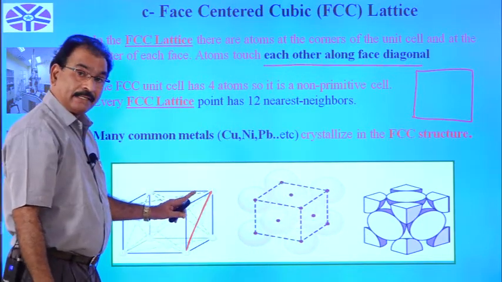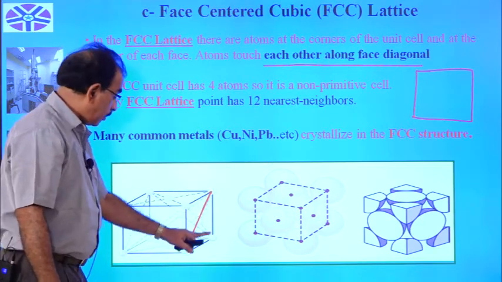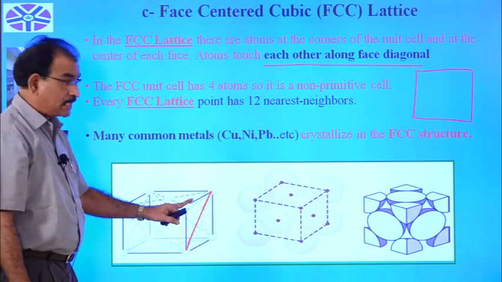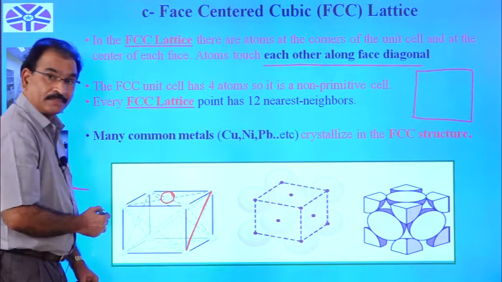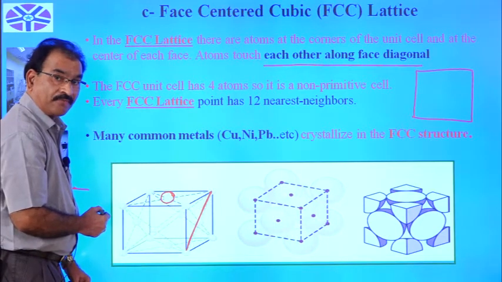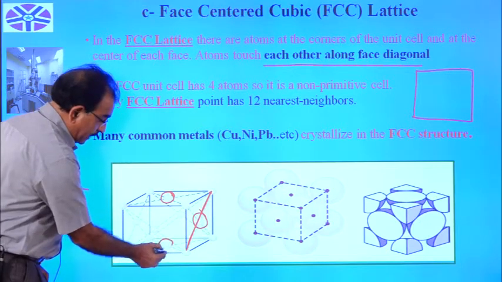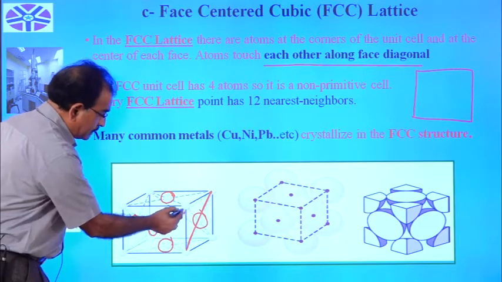In FCC there are atoms at all the corners, at all 8 corners. In addition to that, there is a point at every face center. This is the top face, this is the right side face, this is the bottom face, this is the left side face, this is the front face, this is the back face.